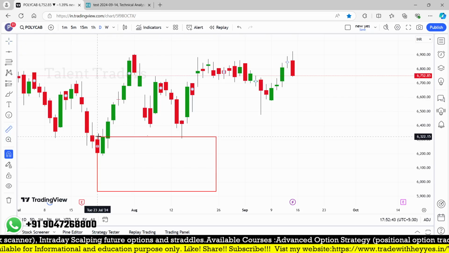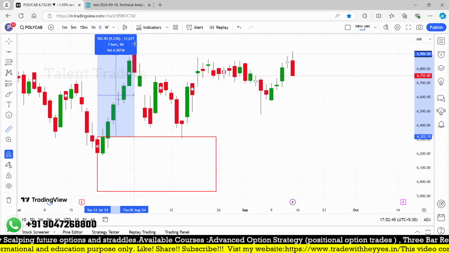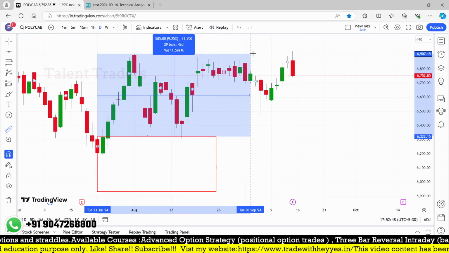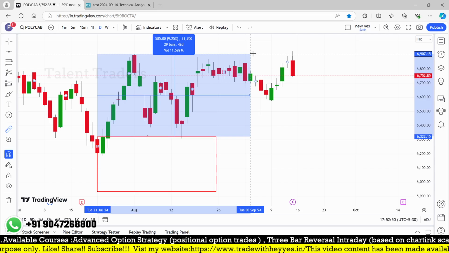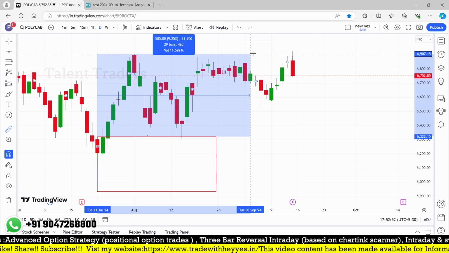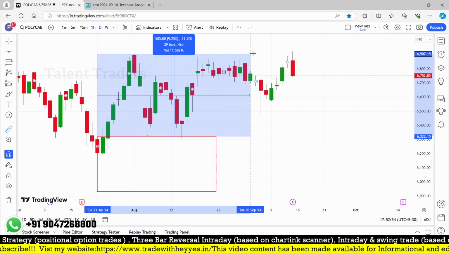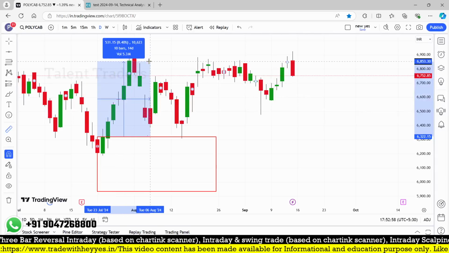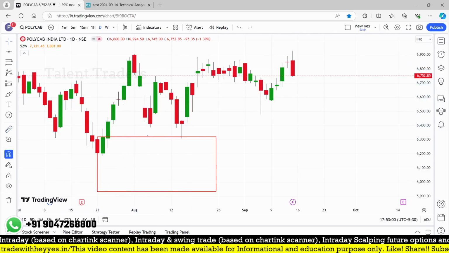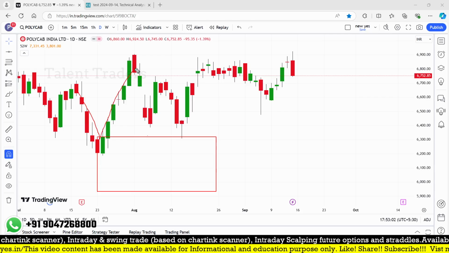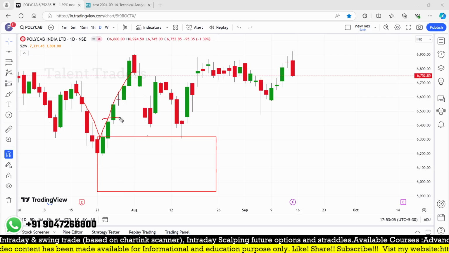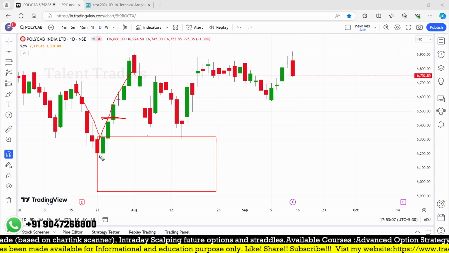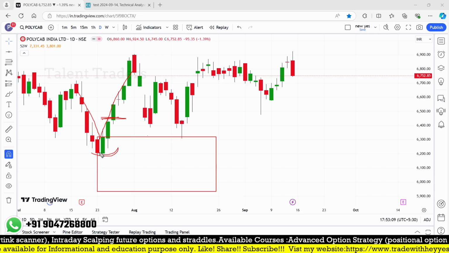If anyone knows the concepts, how to use it and where to take entry, you can see almost 10% from that zone, which formed after three consecutive candles, and then it formed a breakout pattern. Also, it is a perfect V-shaped recovery. Maybe we can use this candle high to break, and maybe this swing as a stop loss.